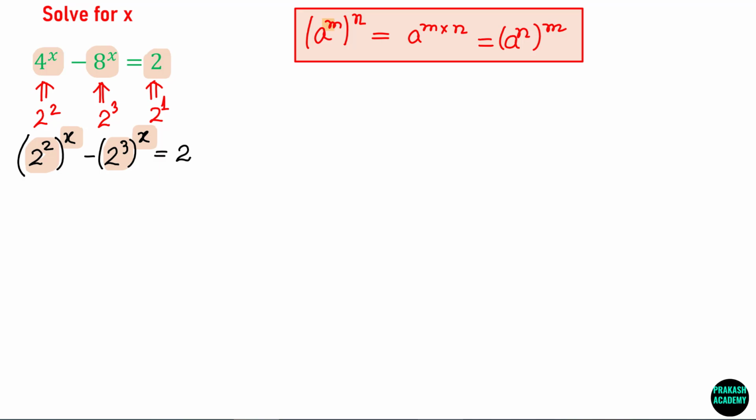You see, here m is inside but here m is outside of the bracket. Here n is outside of the bracket but here n is inside. This means I can switch the power. So this becomes (2 raised to the power x) squared, and this becomes (2 raised to the power x) cubed, and this is equal to 2.